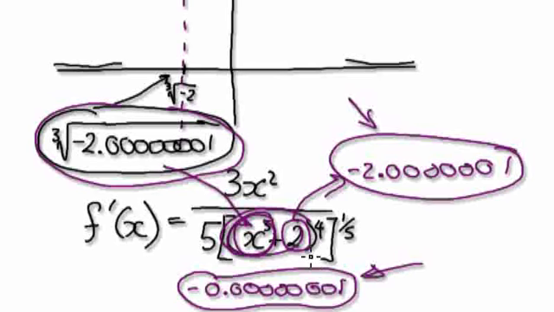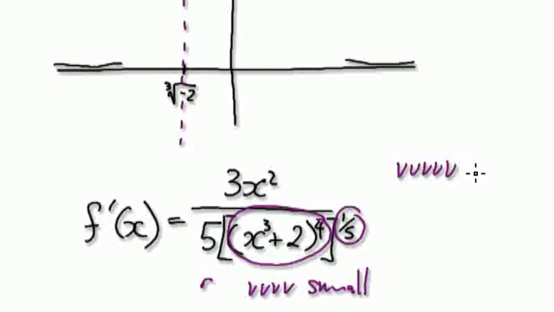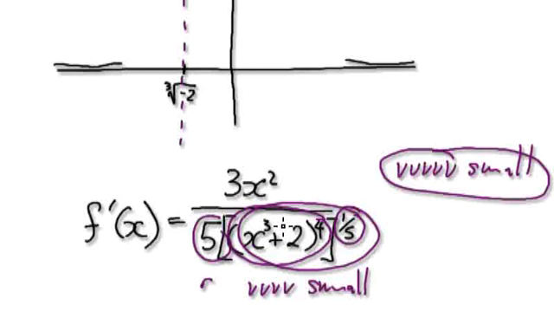Now get this, times by itself 4 times, it will give you a positive very, very small number. And then when you take the fifth root, it will also be a very, very positive small number, and when you times it by 5, it's going to be a very positive small number.